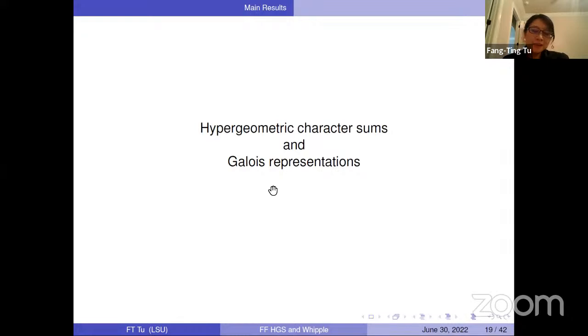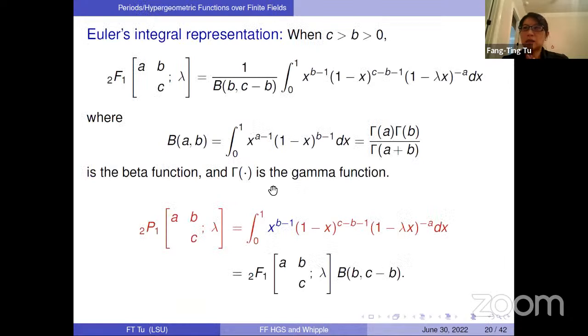Okay, in the literature, actually, there are different versions of hypergeometric functions over finite fields, given by Katz, Greene, and also McCarthy, and the BCM 2F1 functions that I introduced in my previous talk. But here I am starting from the version similar to Greene. Okay, so first we start with the integral representation of the classical 2F1 function.